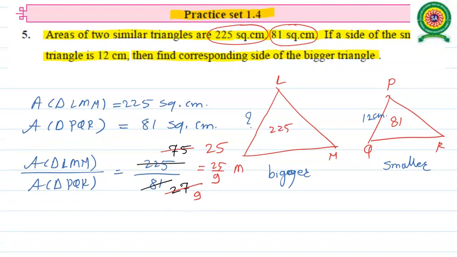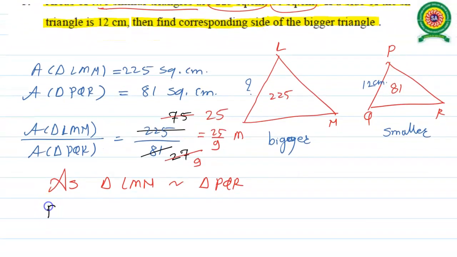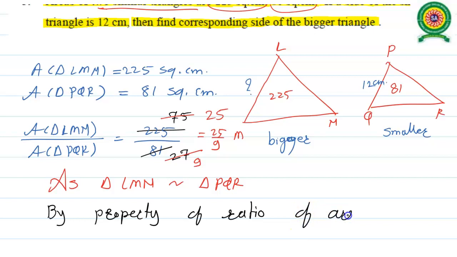Now we are given that the two triangles are similar. So I am writing triangle LMN is similar to triangle PQR. Once the triangles are similar, then by the property of the ratio of areas of two similar triangles, what do we have now?